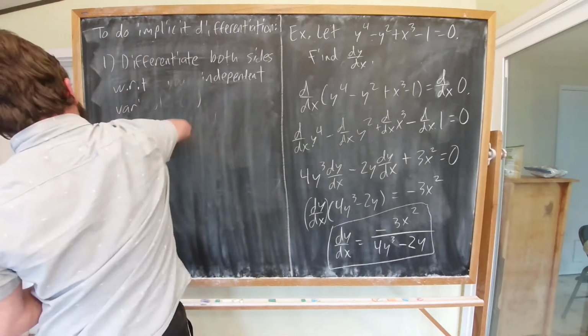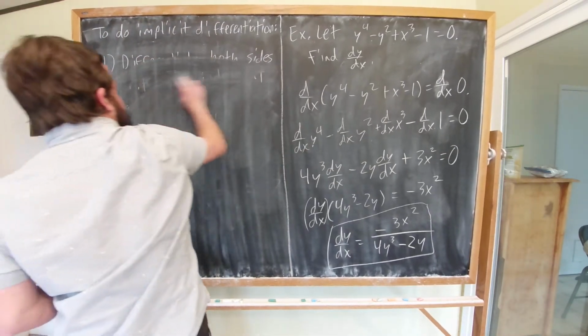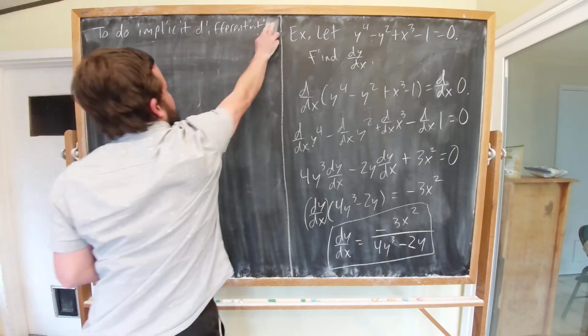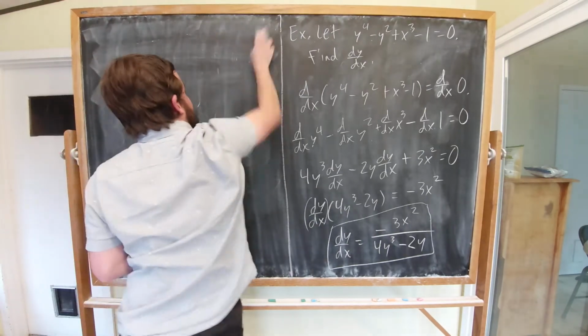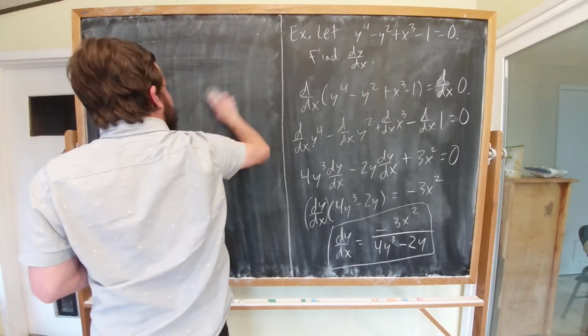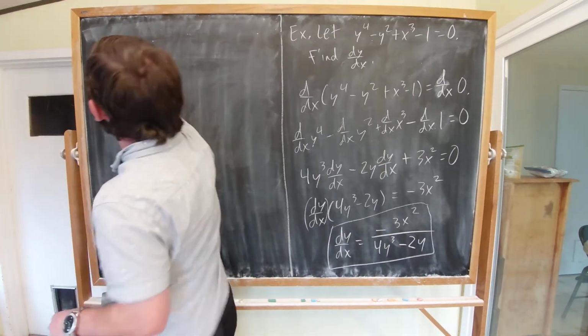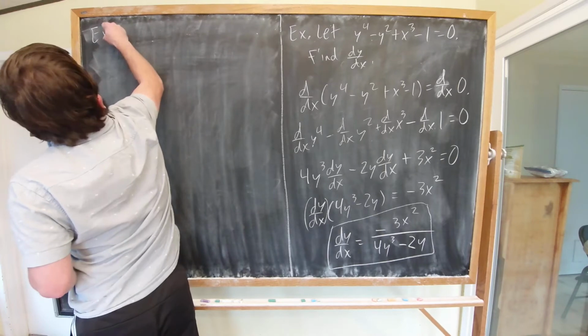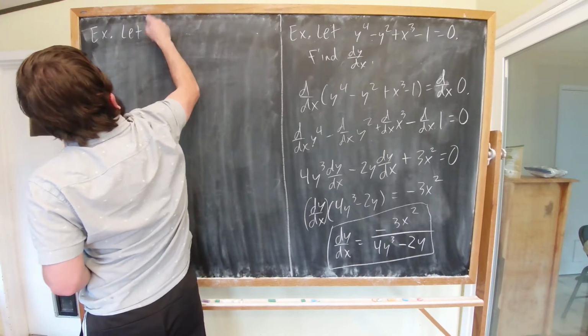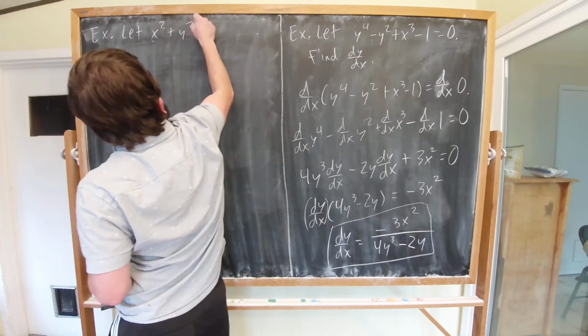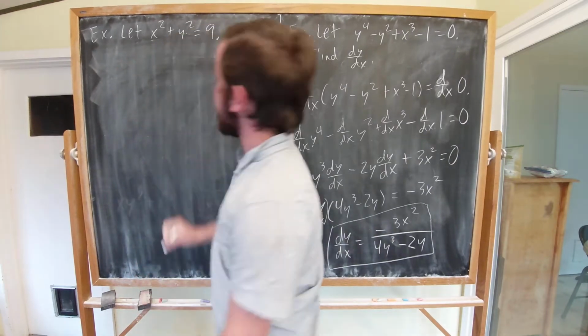Implicit differentiation is really powerful, not only because it allows us to solve nasty equations, but because it allows us to actually extend the idea of differentiation to something that isn't even a function. So for instance, let x squared plus y squared equal 9.